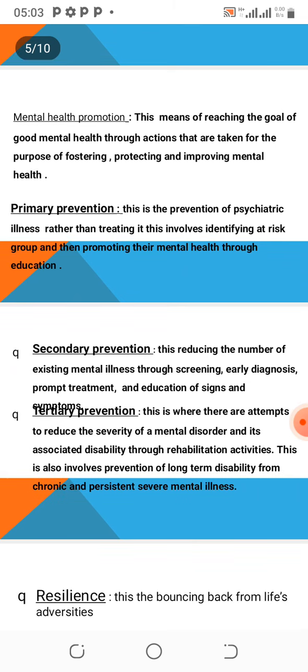Secondary prevention is the reducing of the numbers of existing mental illnesses through screening, early diagnosis, prompt treatment, and education on signs and symptoms.